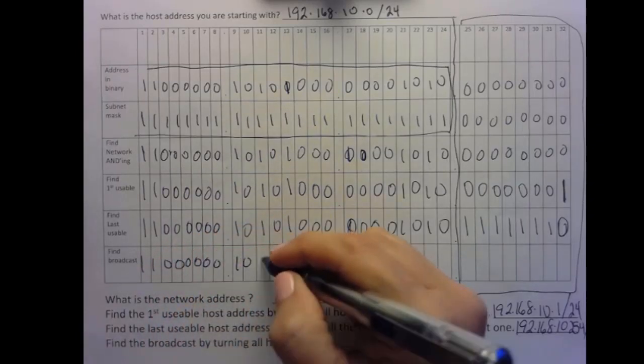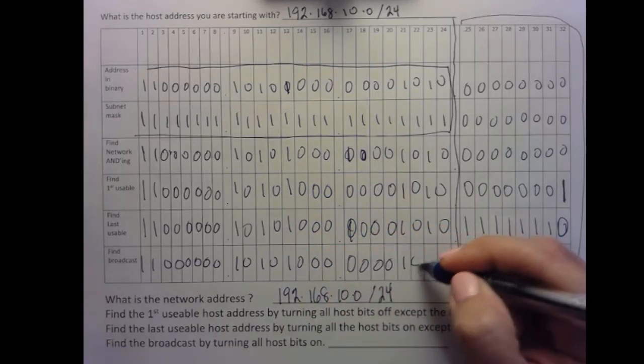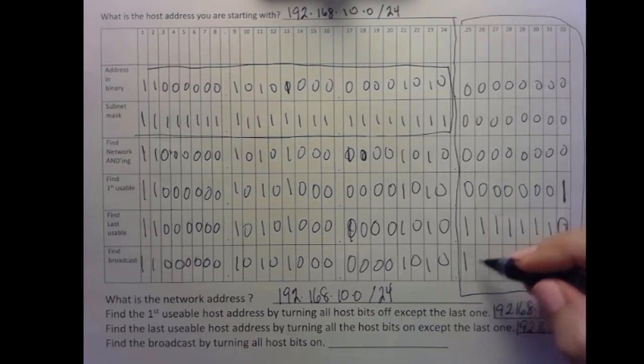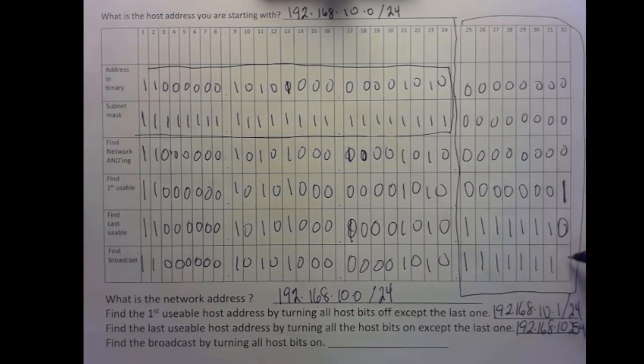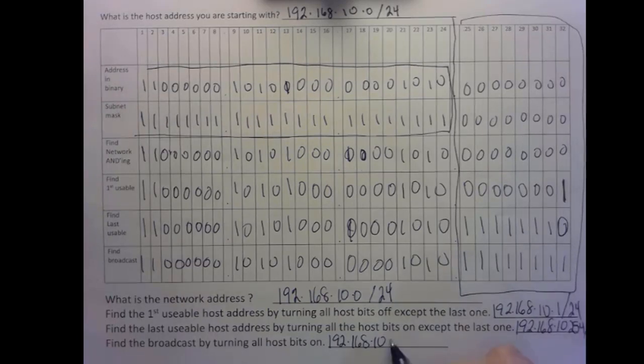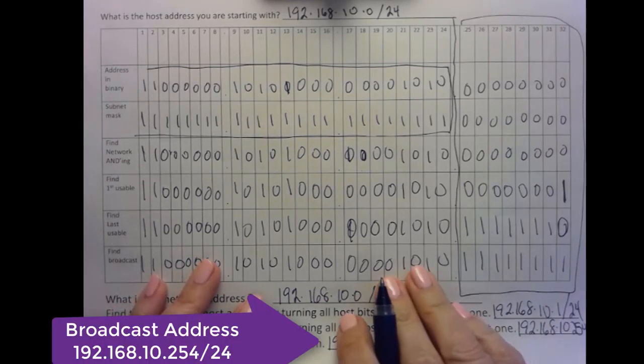We know that the network is staying the same. Okay, but the definition of a broadcast is when all of the host bits are on. So now the way I'm manipulating the host bits is I'm turning them all on. So if all of these are on, now I've got a 255, right? Because when all of the bits are on in this octet, I've got a 255.